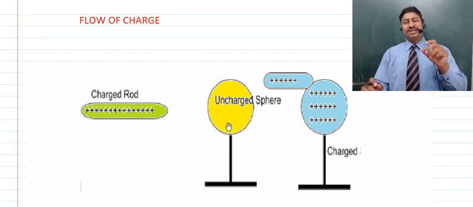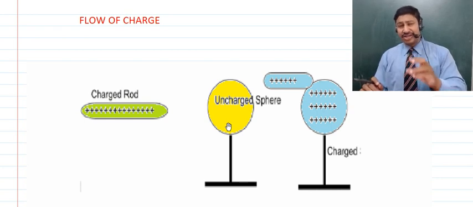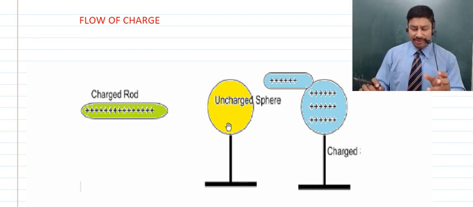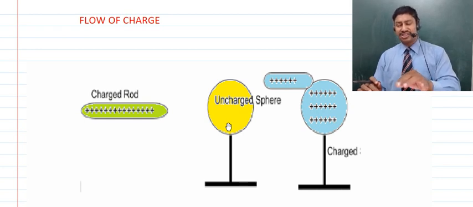So if there is some charge on some equipment, there is some insulation provided, so that the insulation allows the charges to stay on that substance and the charges don't flow away. So let's say we have these two devices, one is a charged rod and another is an uncharged sphere.